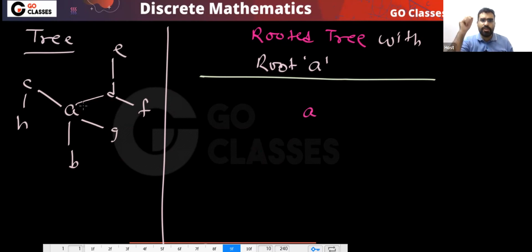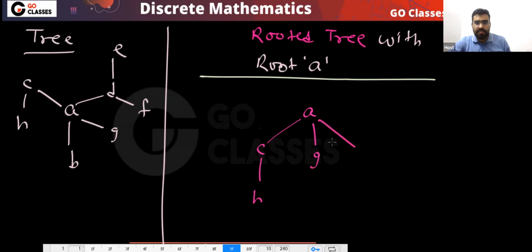It's like you pick this, and the remaining things will hang like this. Is this clear how I got it?